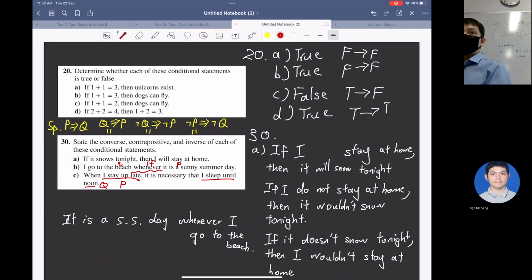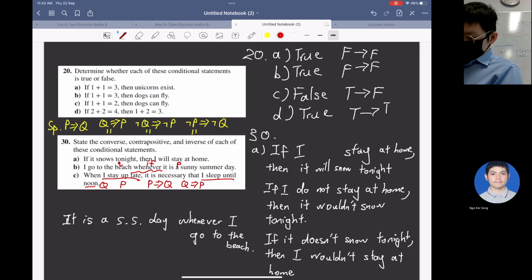So P implies Q. So the converse is Q implies P. So when I sleep until noon, it is necessary that I stay up late.